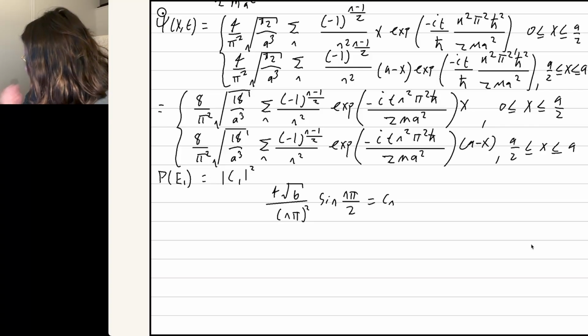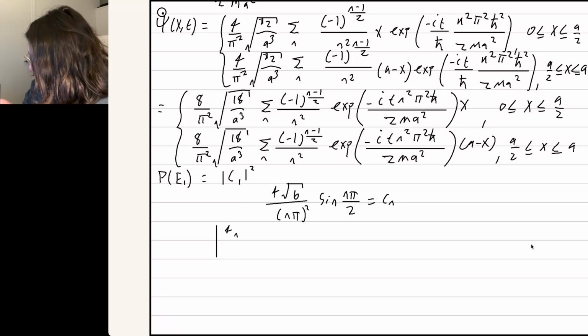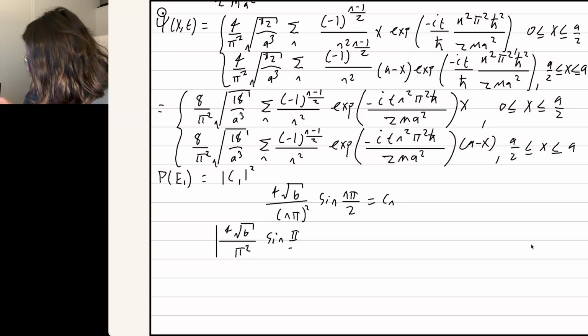So plugging in for 1 and squaring it, you'll get 4 root 6 over pi squared sine pi over 2 squared. Absolute value of sine pi over 2 is 1.